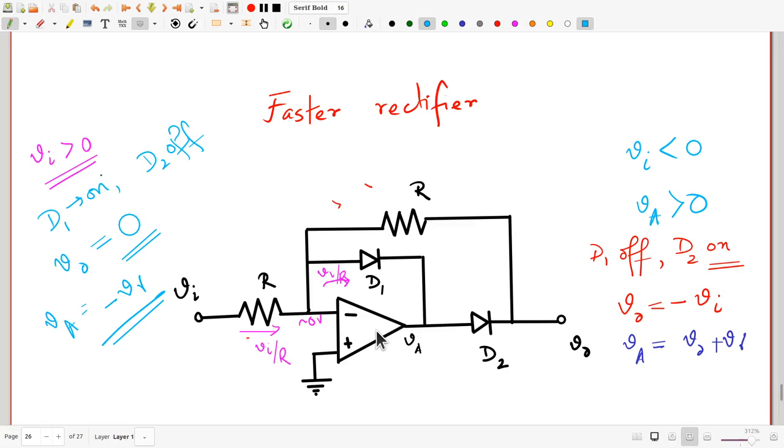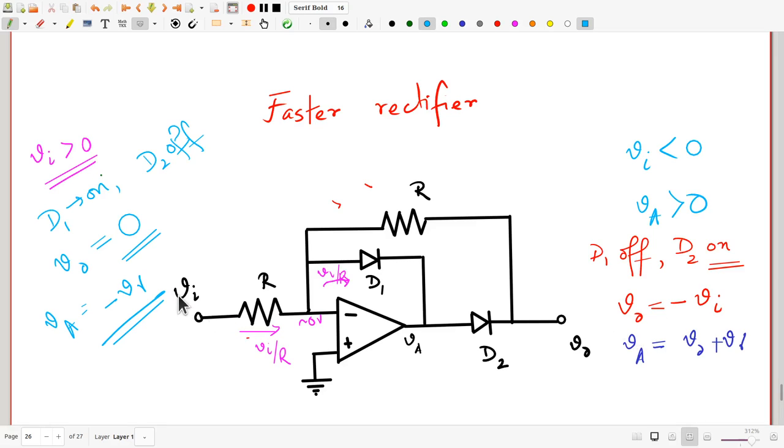Now, of course, as you can see, this is a rectifier because it only allows voltage of one side at its output. But there is a small catch here. As you can see, the output is minus Vi for negative Vi and 0 for positive Vi.